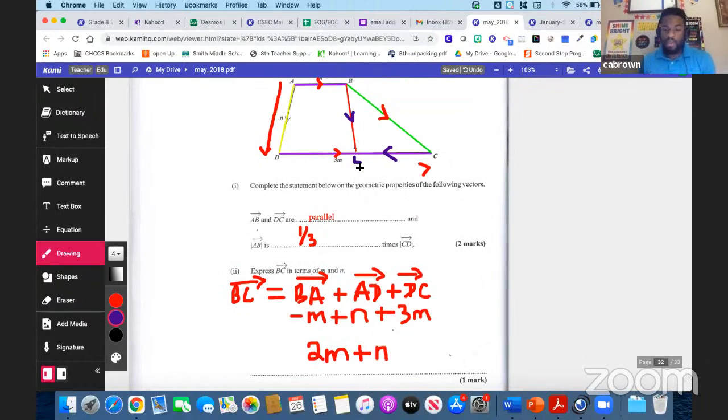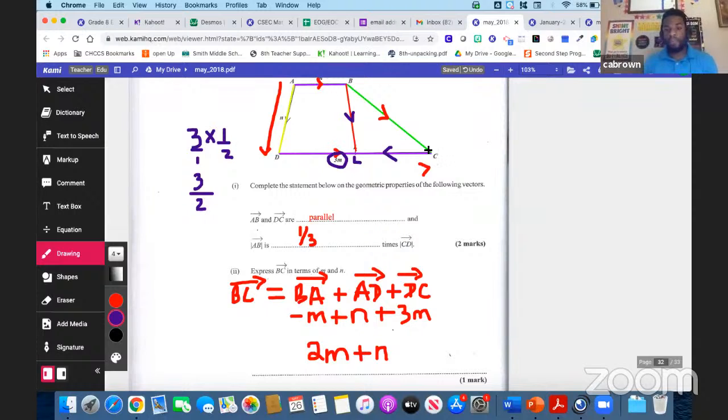The only information that we got on CL is that CL is half of DC. We know that DC is 3M. Half of 3 is pretty much 3 halves, 3 over 2.